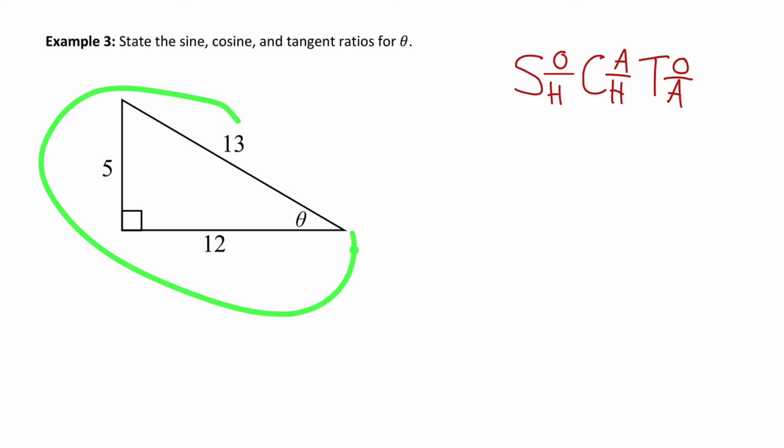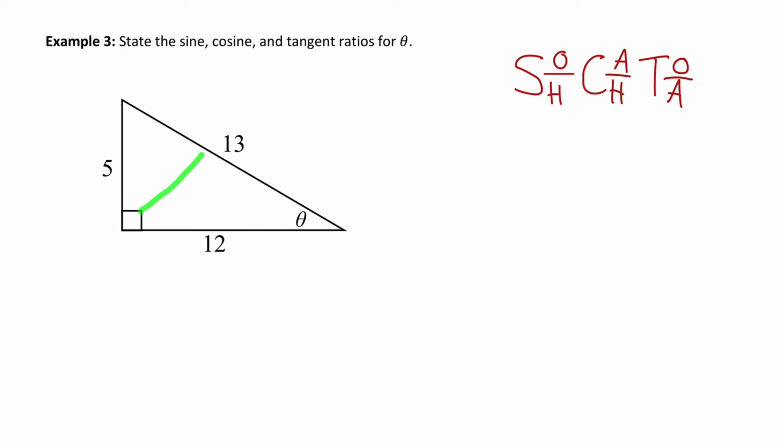So in this triangle, I should start by labeling opposite, adjacent, and hypotenuse. Hypotenuse is probably the easiest. That's always across from the right angle. The opposite side is the side opposite from our reference angle. Let me actually highlight that reference angle. And the side opposite from angle theta is the one across the triangle from it. And the adjacent side is the side touching our reference angle, angle theta, but not the hypotenuse.